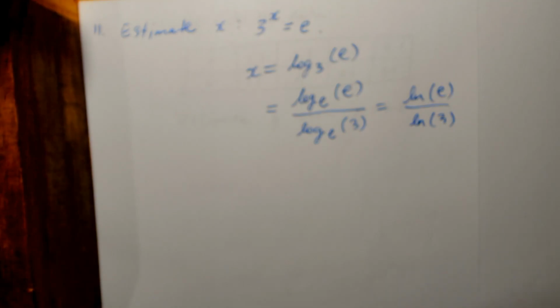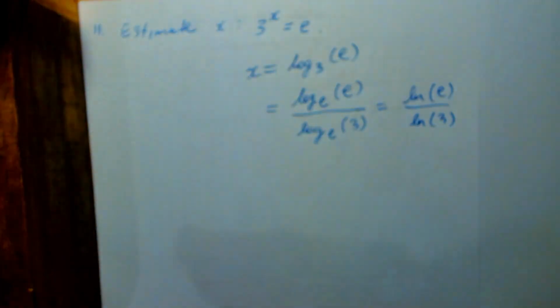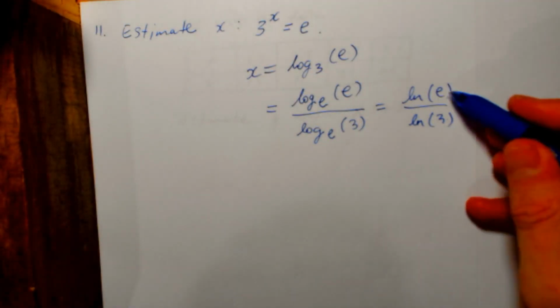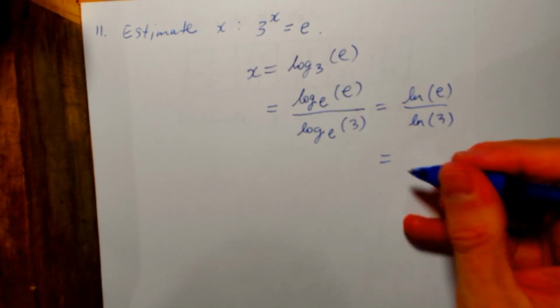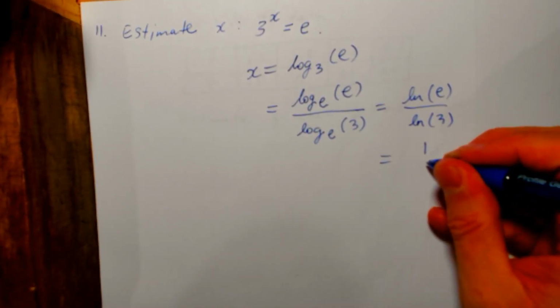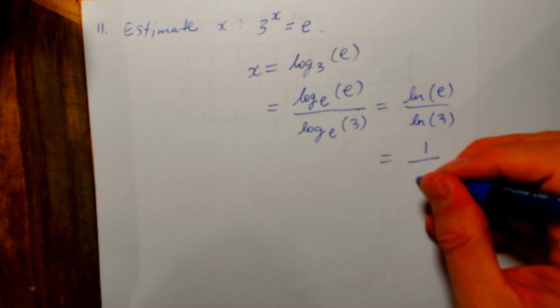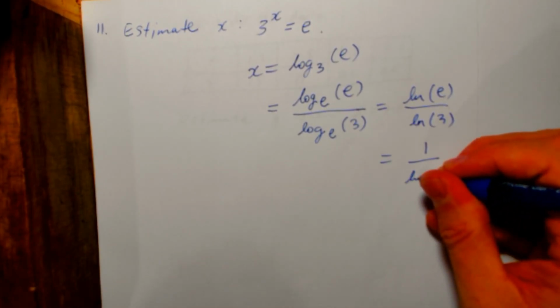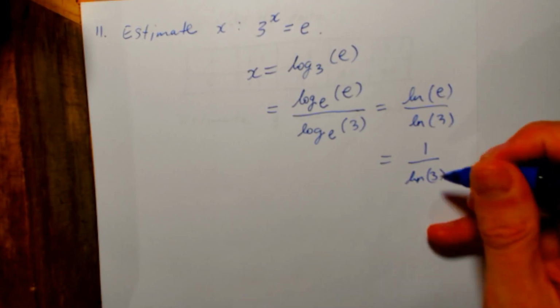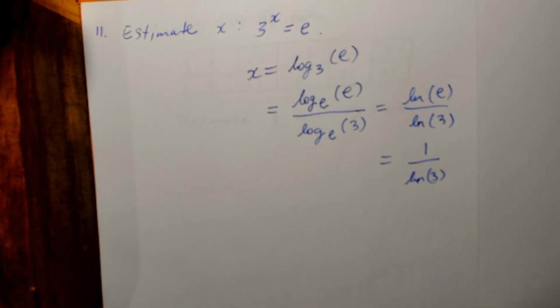So e to the power of 1 is e, so hence that numerator is equal to 1. The denominator is just the natural log of 3. Okay, so now you can get on your calculator. I'll calculate this on my machine, and I'll just write in log, because my machine understands log to be the natural log.